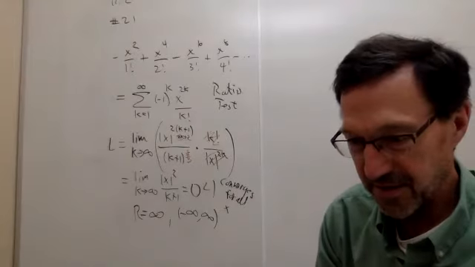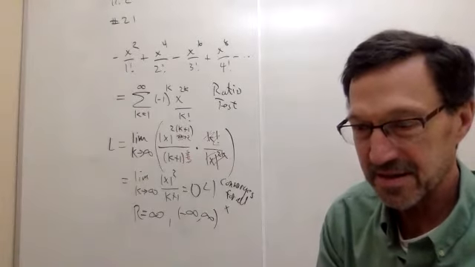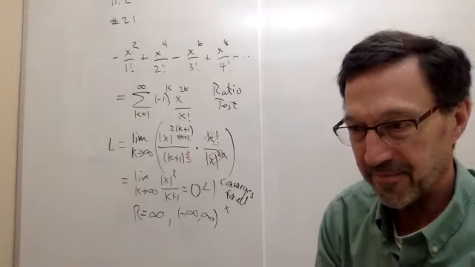I was kind of curious on the comparison test. In the video, you showed us using 0 as one of the comparisons. I was wondering why you're able to do that. Okay, so I think you're talking about the limit comparison test. It might be.